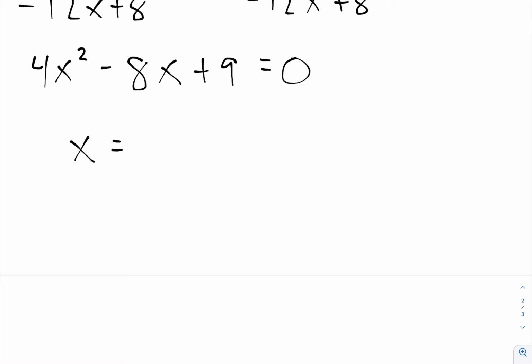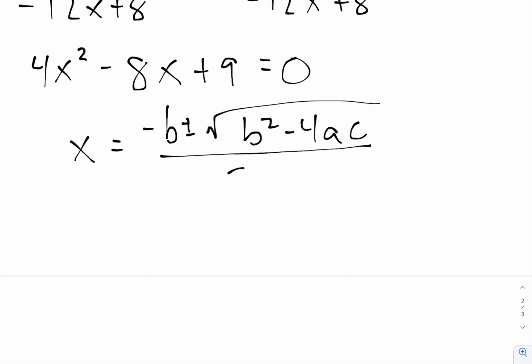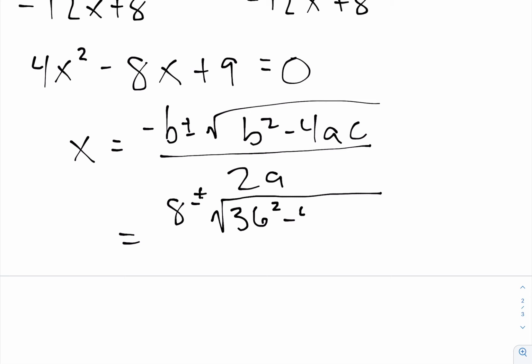So x is going to be equal to -b plus or minus the square root of b squared minus 4ac over 2a. So -b is going to be 8 plus or minus the square root. b squared is -8 squared minus 4 times a, which is 4, times c, which is 9, over 2a, so it's going to be over 8.